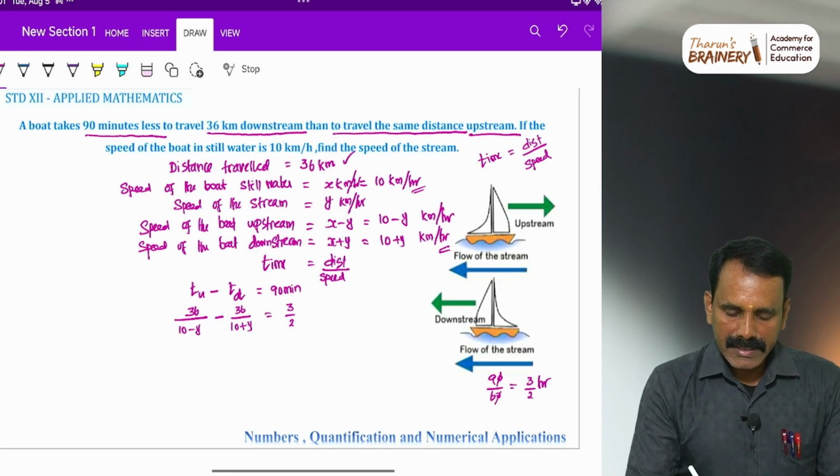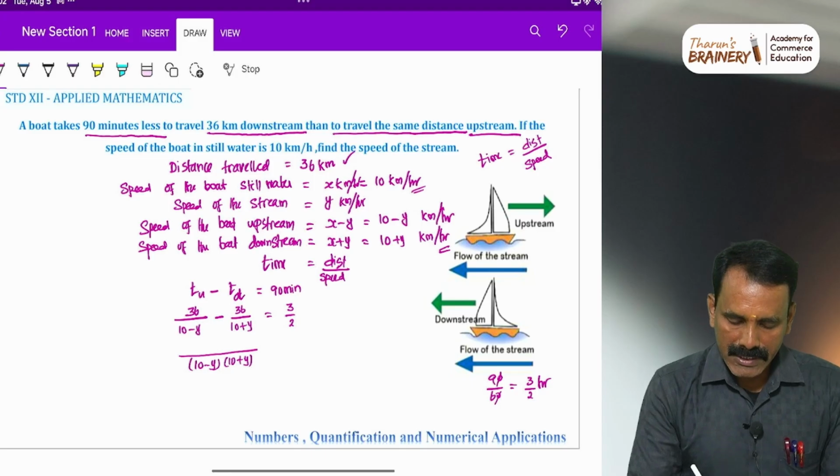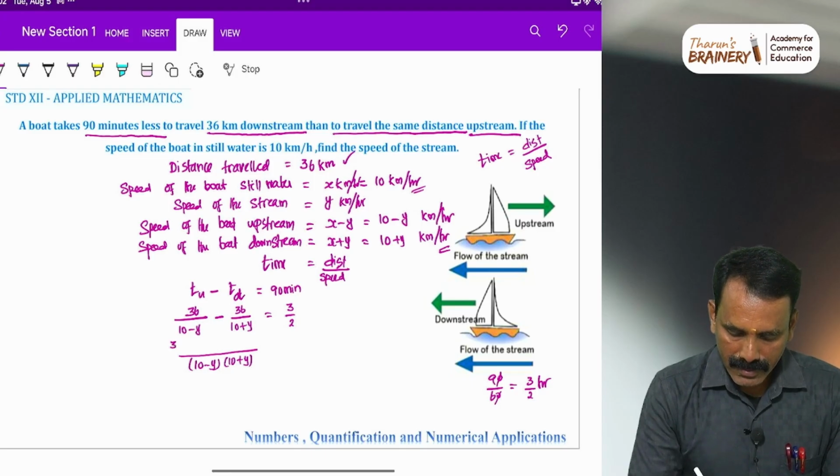Now we are going to take LCM. LCM will be 10 minus y into 10 plus y. We simplify this expression. 36 into 10 plus y minus 36 into 10 minus y is equal to 3 by 2.